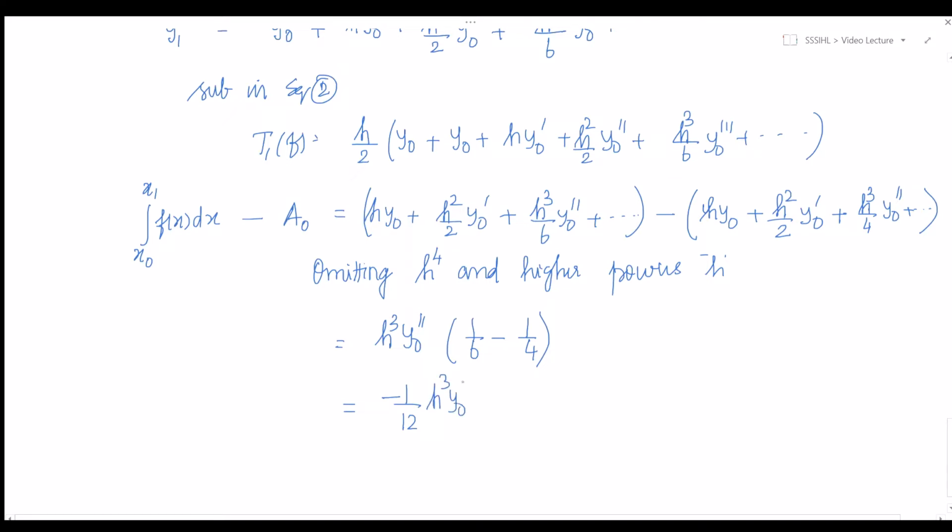So this is the error in evaluating the first subinterval x0 to x1.